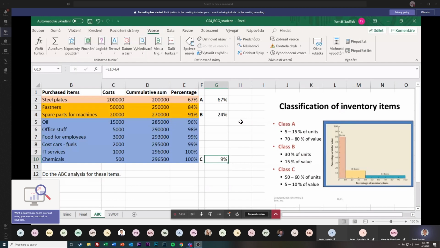Insert some recommended chart. Okay, we can put there a bar chart, but you can see it's not very nice. So we can do one thing, that we just copy these values once more.